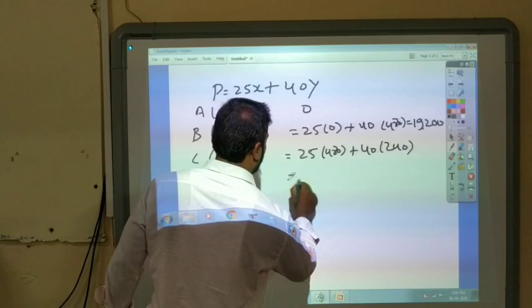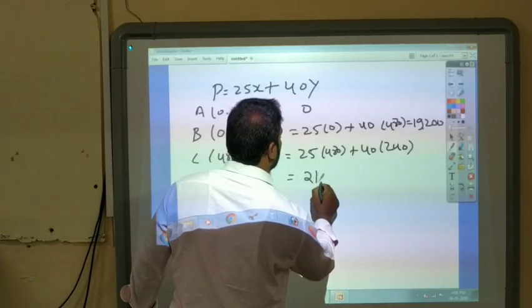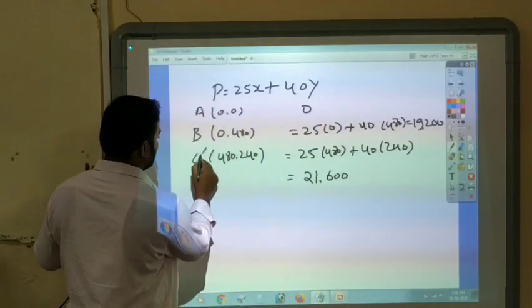Now we got the total value of 21,600 at corner point C, correct?